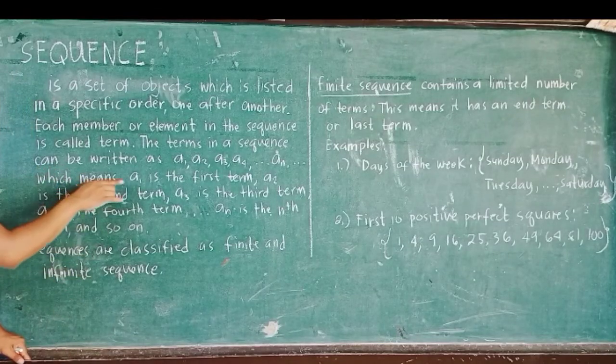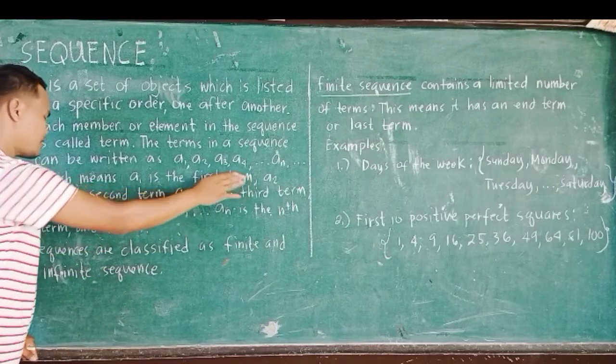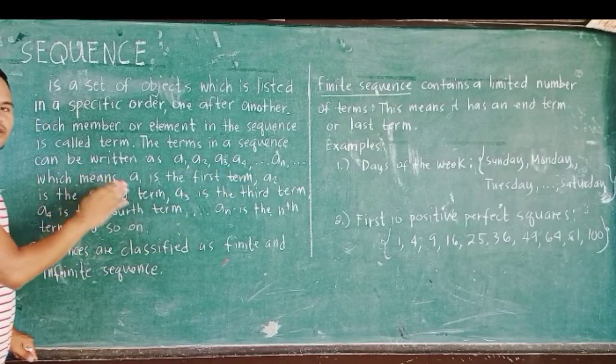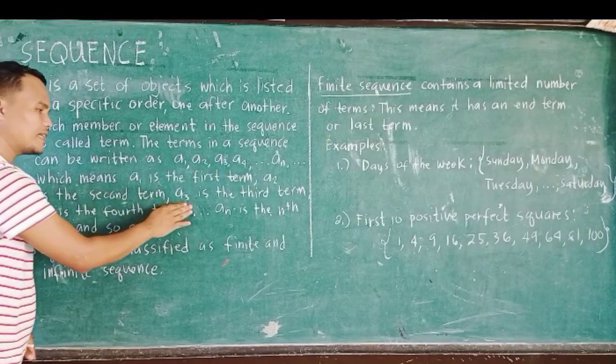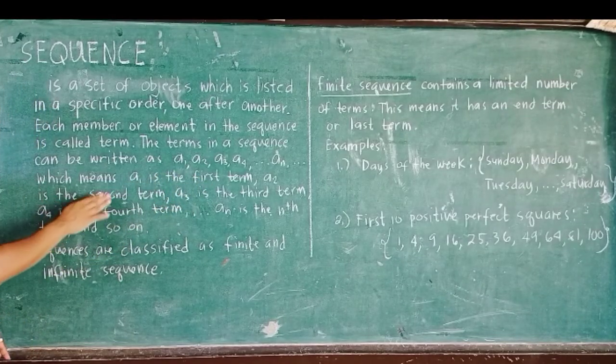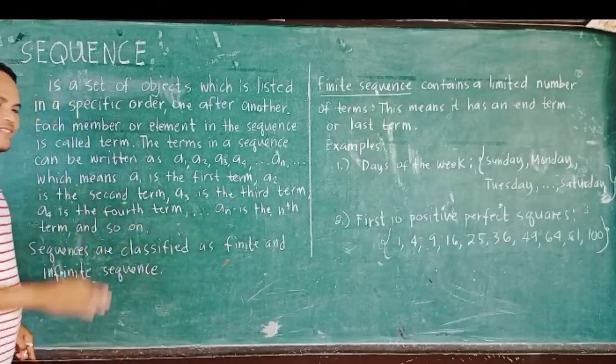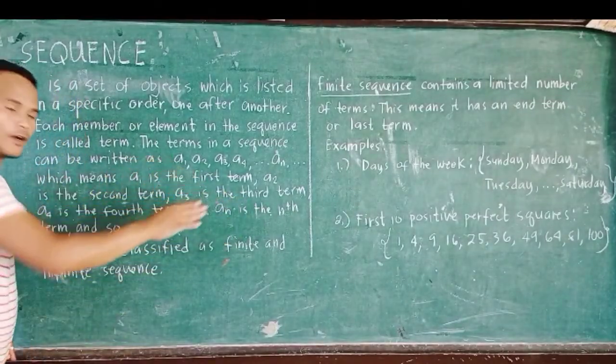Which means a sub 1 is the first term, a sub 2 is the second term, a sub 3 is the third term, a sub 4 is the fourth term, until a sub n is the nth term, and so on.